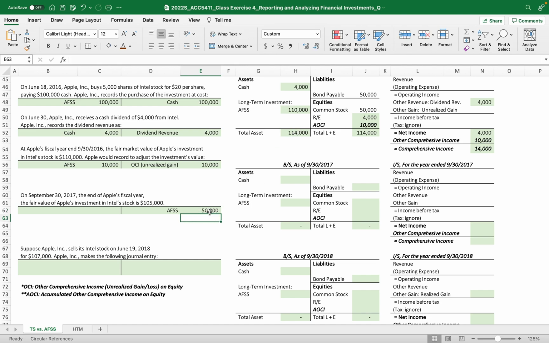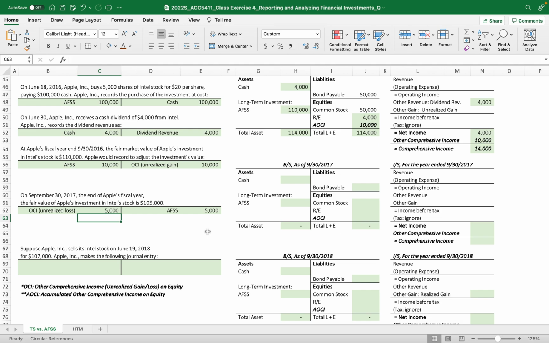From 110,000 to 105,000. Here we also use OCI. Now this is unrealized loss, right? This is unrealized loss.